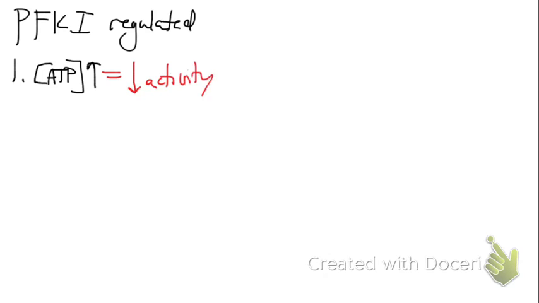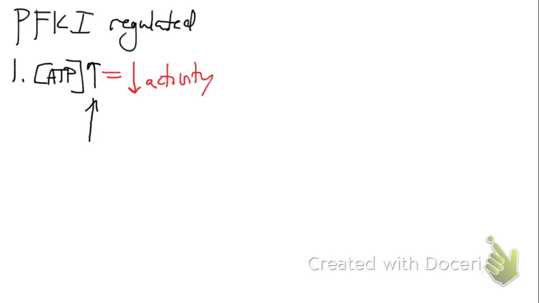And so that would be a negative regulator. So lots of ATP is a negative regulator for phosphofructokinase 1. Why? Because if you have a lot of ATP, you're in a high energy state. You don't need to do metabolism. You don't need to do glycolysis.